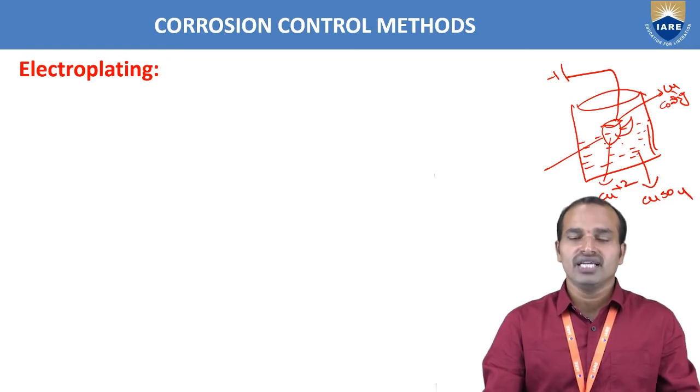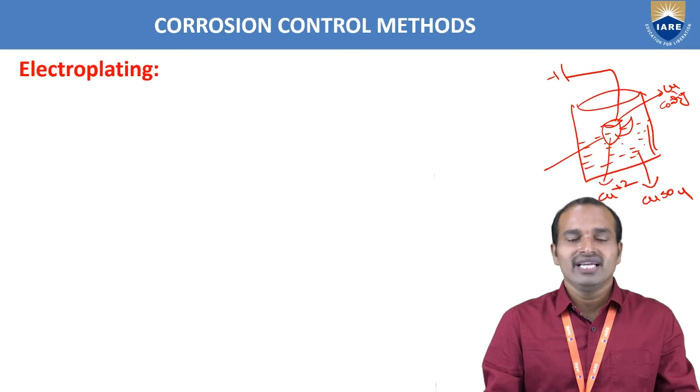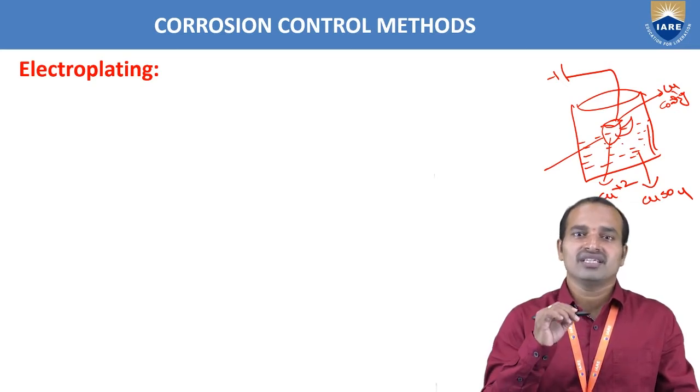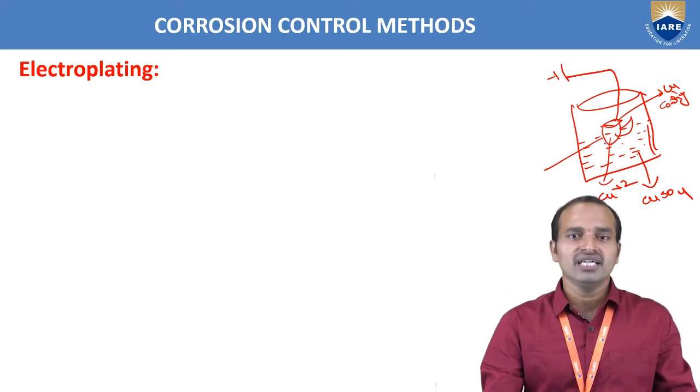This is called electroplating. Electroplating means the deposition of metal ions on the base metal by applying current, in which the electrolyte solution contains the metal ions to be deposited. This is called the electroplating process.